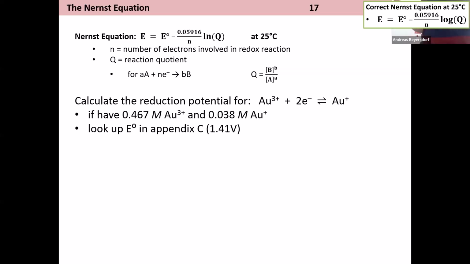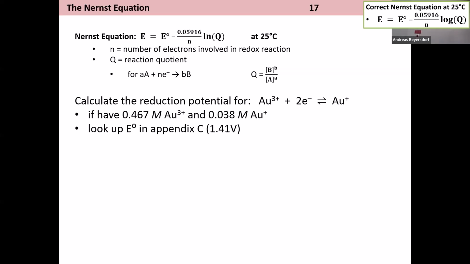Let me ask a question. What happens if I take that equation at the top and I was under standard conditions? If I was under standard conditions, what are my concentrations? 1. So if I have concentrations of 1, my Q would be 1/1 or 1.